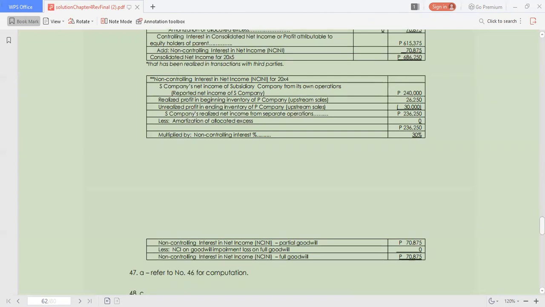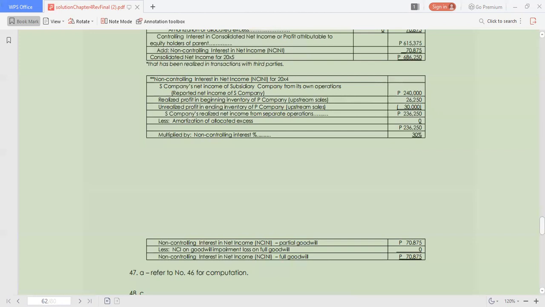So in number 46, the question is, what will be the income to the non-controlling interest for 20x4? So we are given 20x4, the net income of the subsidiary is 240,000. Then we add the realized profit in beginning inventory and deduct the unrealized profit.